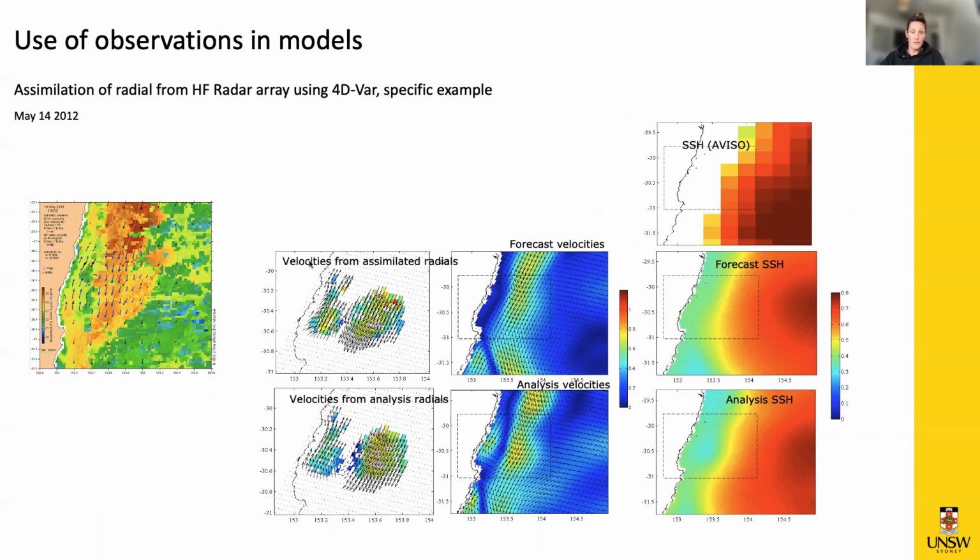In the observations, there's indeed this cyclonic eddy under the HF radar footprint, which is then resolved in the analysis and manifests itself in the sea surface height field as well. And we'll see later that the impact of these HF radar observations is indeed far-reaching, both up and downstream.